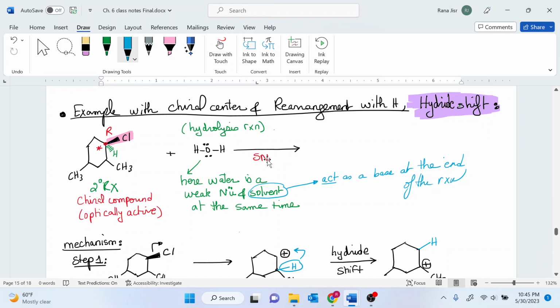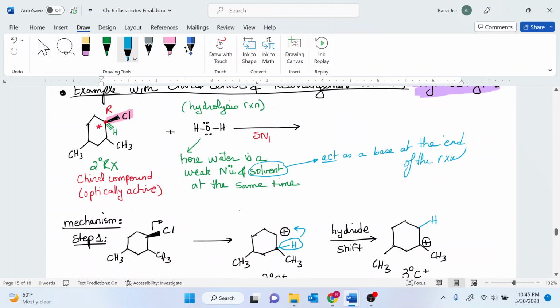And with SN1 reaction, you're always going to go down to the last step. And in the last step, you're going to end up having a positive charge in your product. So you would need a solvent to act as a base to take the acidic hydrogen to make your product neutral. So let's go ahead and do the mechanism for this reaction here.